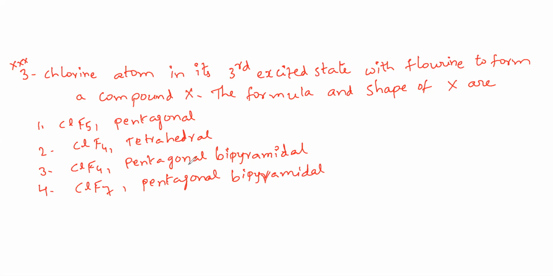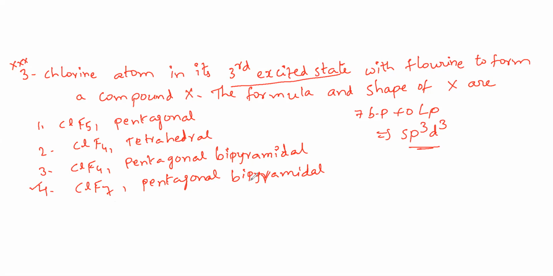Most important is that since chlorine is in its third excited state, it has 7 bond pairs. In this state it is combining with all the fluorine atoms, so it has 7 bond pairs and 0 lone pairs. The hybridization becomes sp3d3, so chlorine forms ClF7, which is pentagonal bipyramidal.